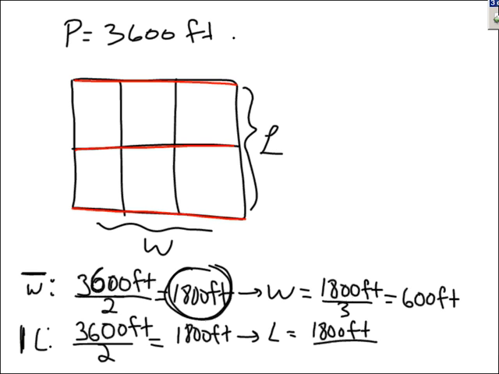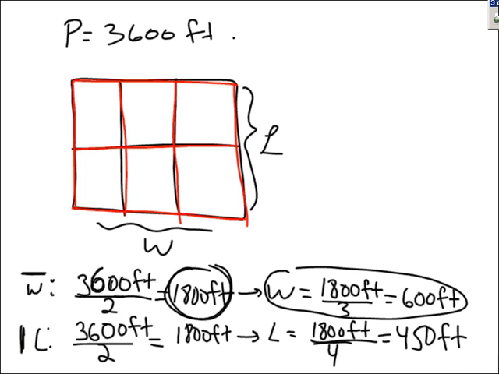Well, how many pieces go up and down? 1, 2, 3, 4 pieces go up and down. So we divide it by 4, and 1,800 divided by 4 happens to be 450 feet. So the width should be 600 feet. The length should be 450 feet.